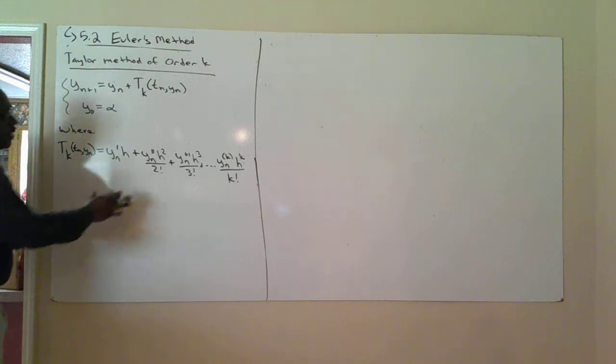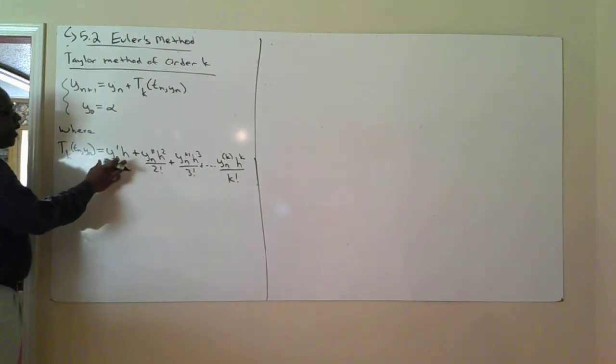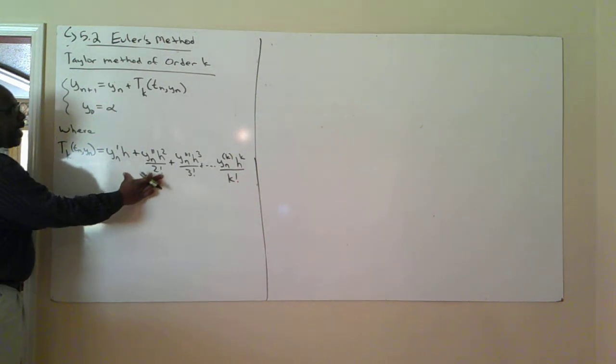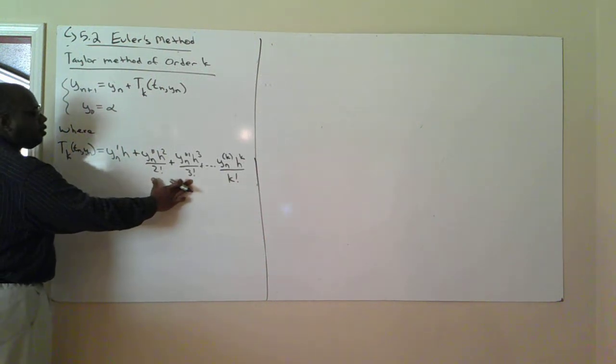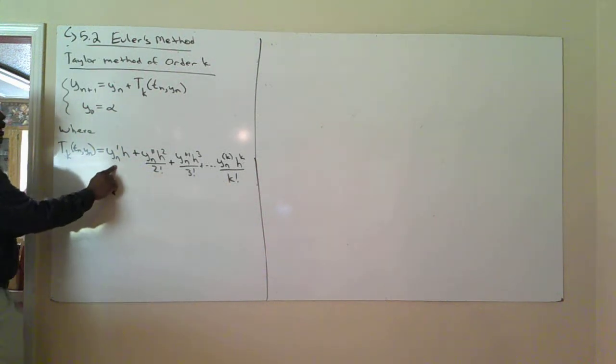And really, when you think about it, these are just the terms of the Taylor series. If I had just stopped with this term, then this would just be Euler's method. If I add another term, then I have the Taylor method of order 2. Add another term, I have order 3, all the way up to order k. So order 1 is Euler's method.